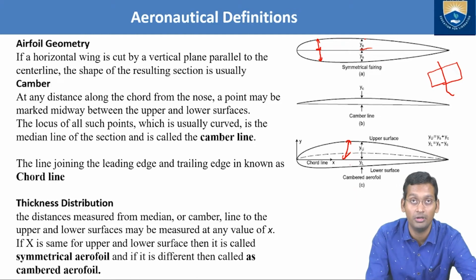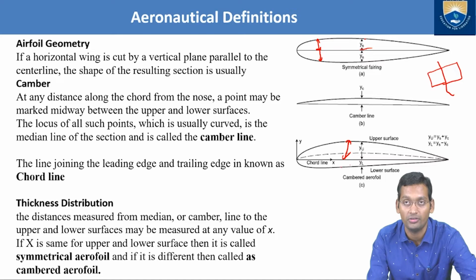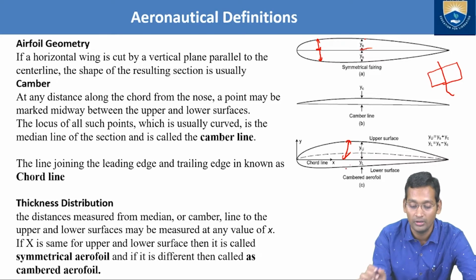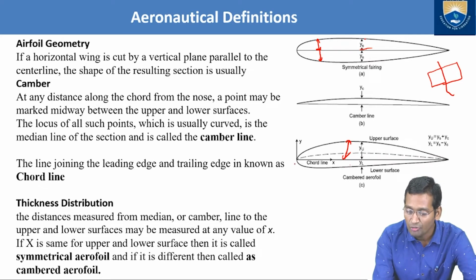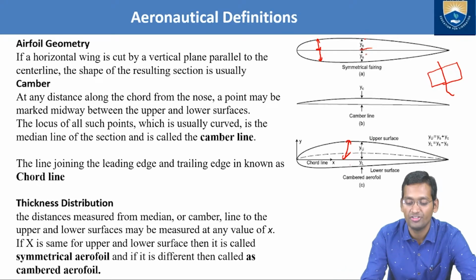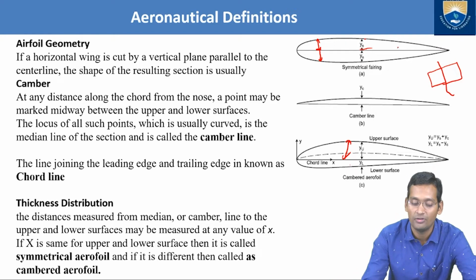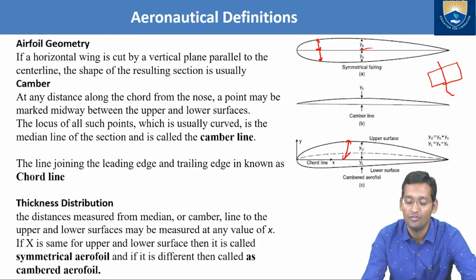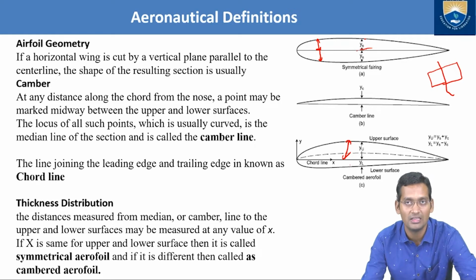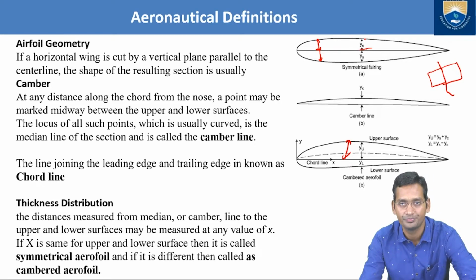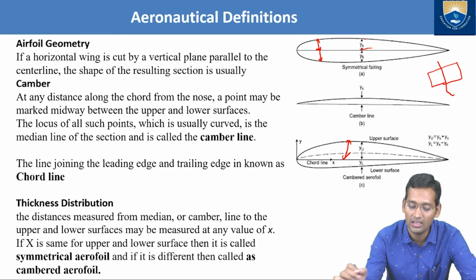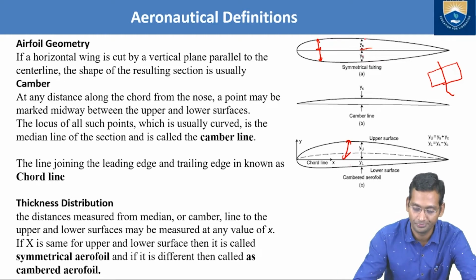Another thing, what is camber? Once a cambered aerofoil is there, definitely that camber should be there, right? So let's see. When these distances are not the same from the camber line, then we can say that the foil is cambered. If the distance is the same from this line, then it's a symmetrical aerofoil.